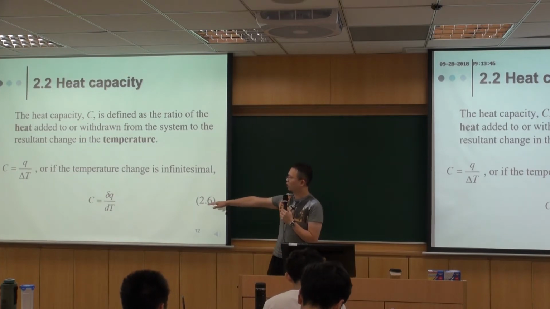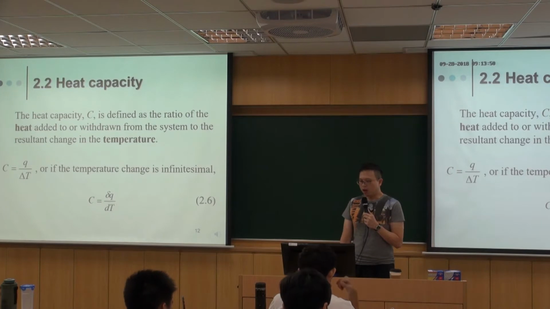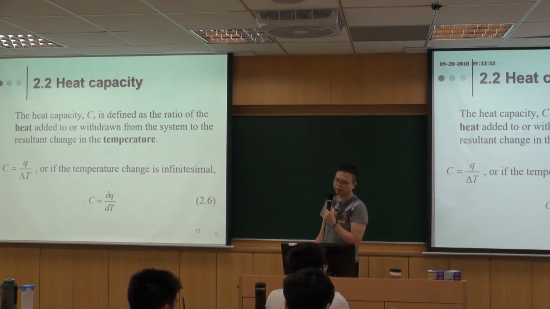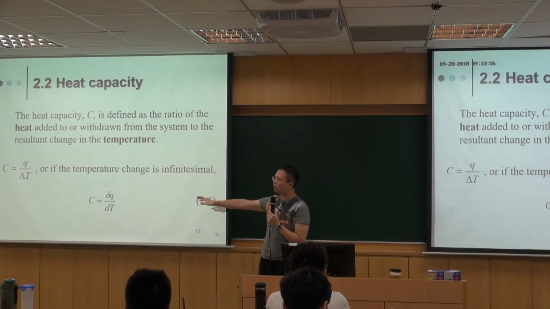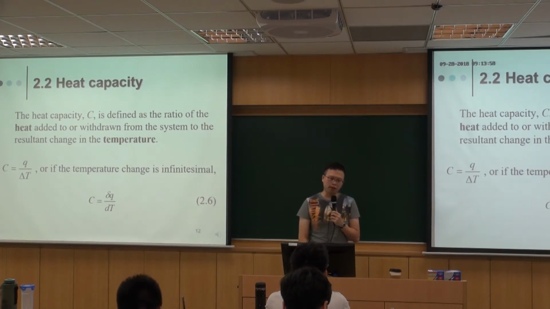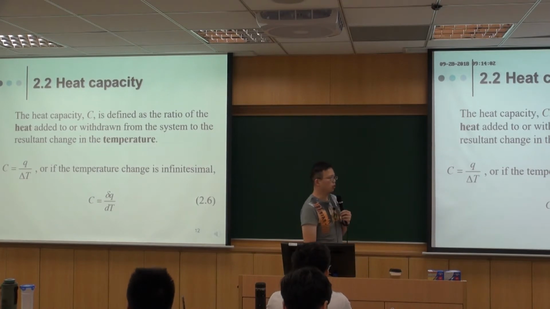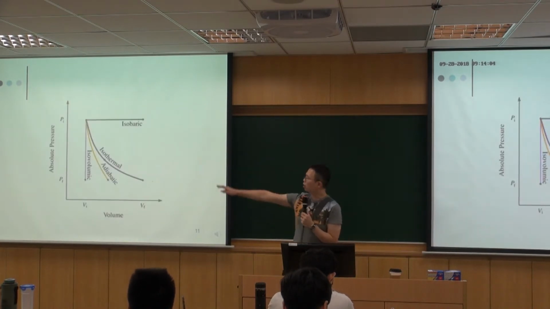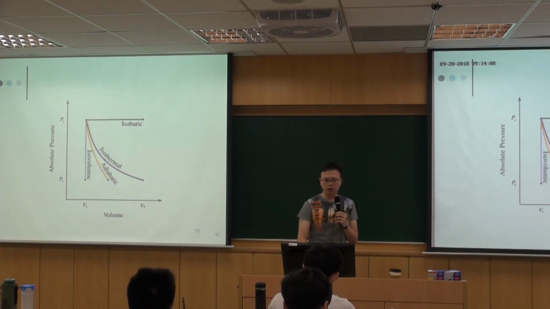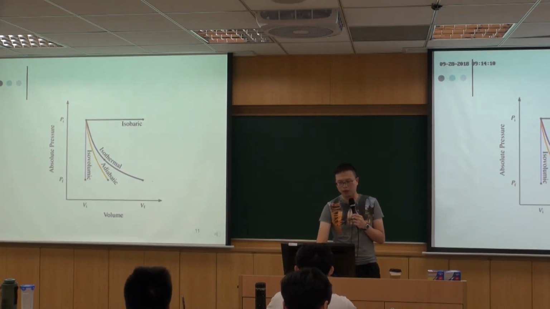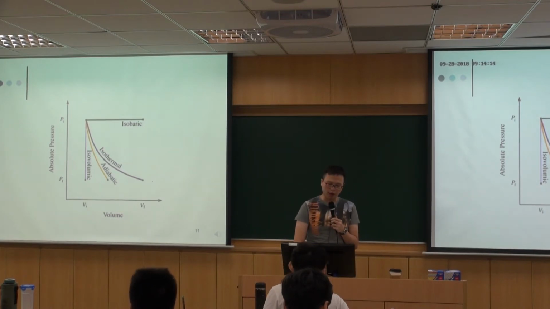So C is defined as delta Q over delta T. And also remember that this quantity, heat capacity, depends on the process, right? So if you're dealing with different kinds of processes, you will end up with different kinds of heat capacity. So it depends on what kind of process you're looking at.